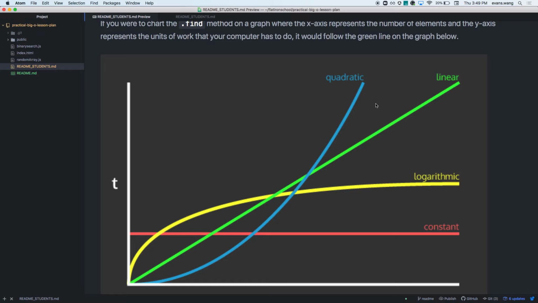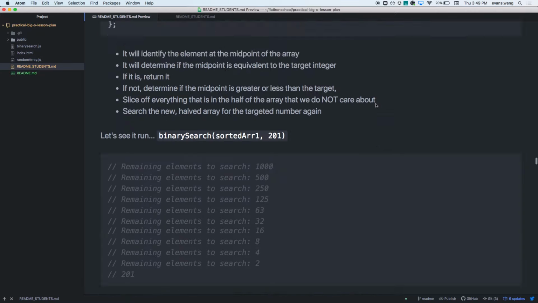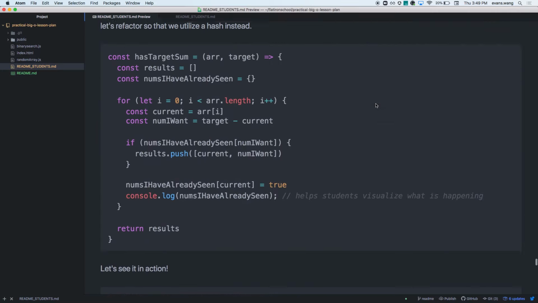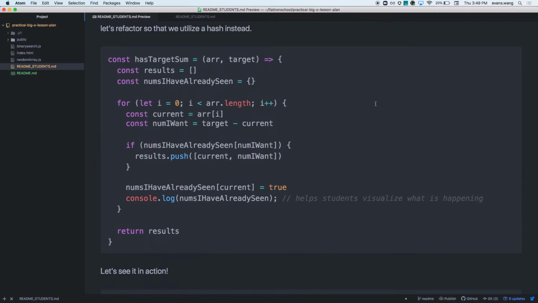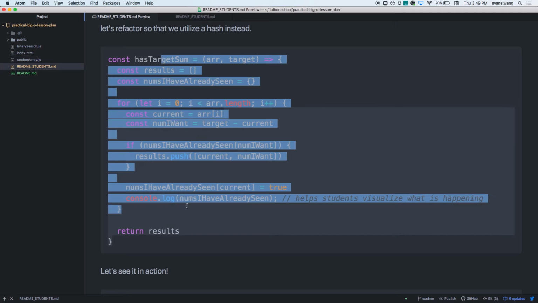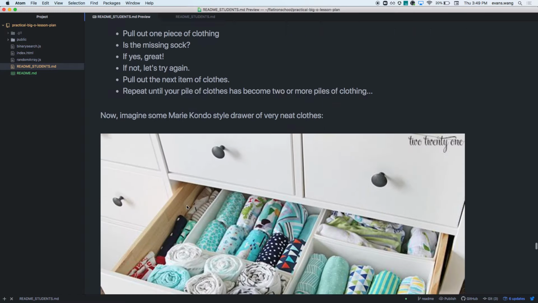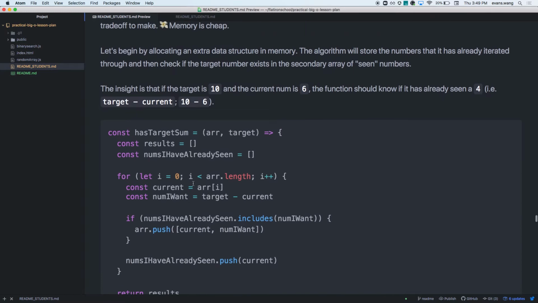What are your questions? Yeah, just for your example with the refactor code. Is the space of the refactor code not constant compared to the one before refactor? This should be linear. The other one is not, because I'm using an array and then I'm running dot includes as my lookup, which is not constant time.